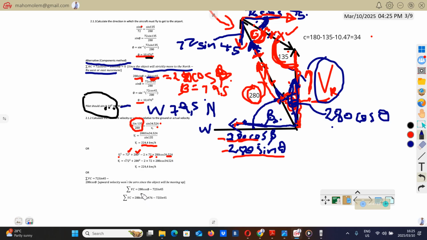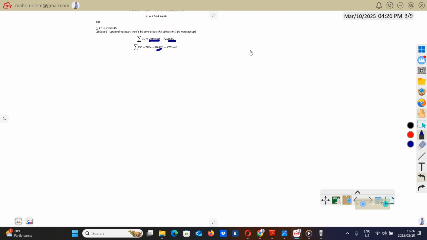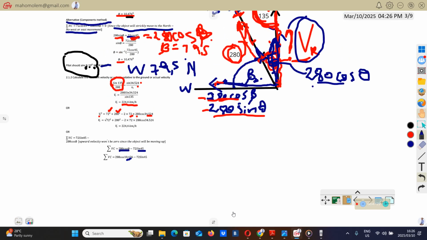You will make the upward one positive, which is this one, and the downward one, you will make it minus. And remember, we calculated the angle theta, that you will replace by 10.47. Then you will get the same answer as the previous one. So that answer will be this.